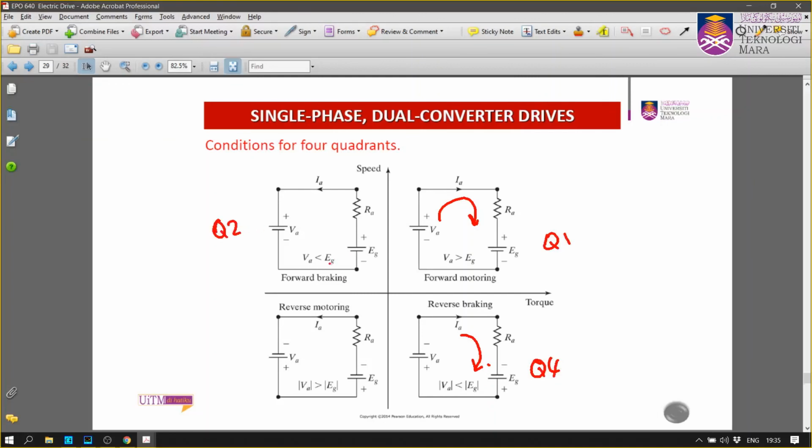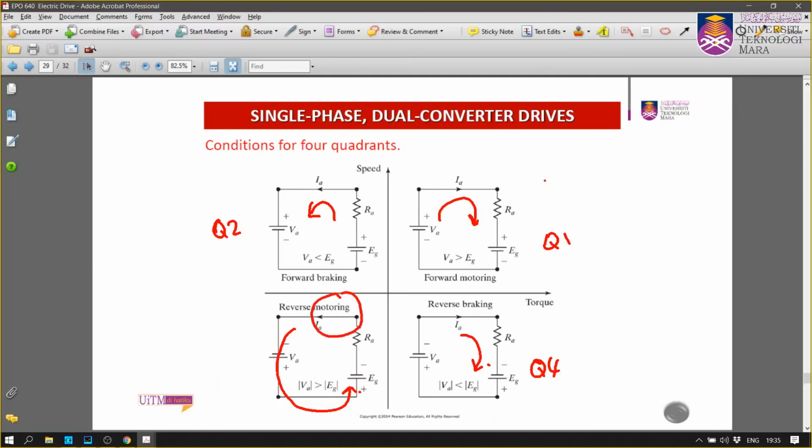So EG should be greater than VA, then you have a current flowing in that direction. And then in this motoring, VA should be greater than EG, but now the polarity has changed, the current has changed, and it goes into that particular direction. So this is motoring, but in reverse mode.